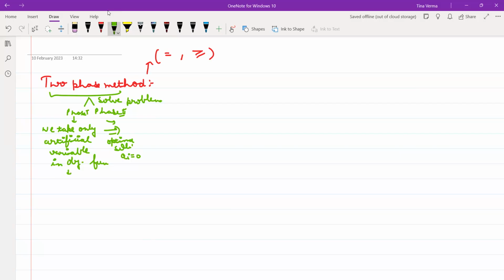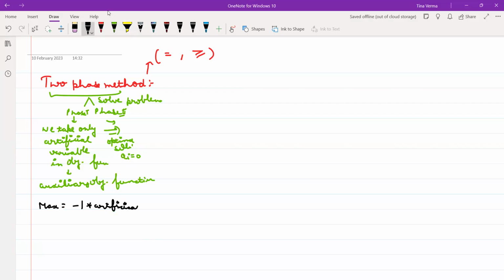So in this you take an auxiliary objective function. Auxiliary means आपके पास कोई भी ऑब्जेक्टिव फंक्शन है, अगर मैक्सिमाइजेशन है तो जैसे आप करते थे कि आप माइनस M इंटू आर्टिफिशियल वेरिएबल करते थे, here you give M as your one value, that is -1 into your artificial variables.